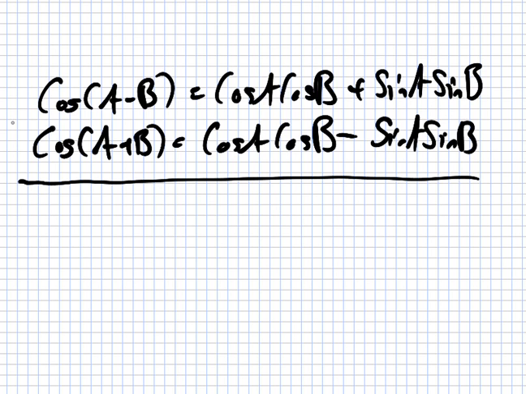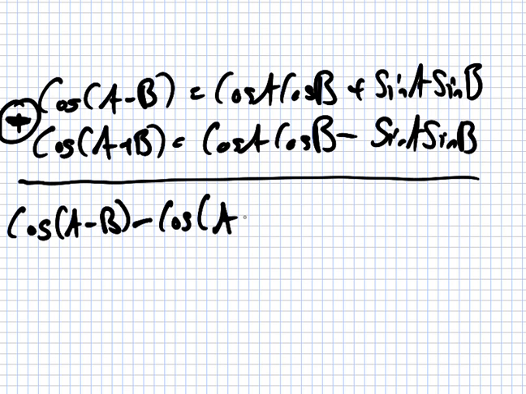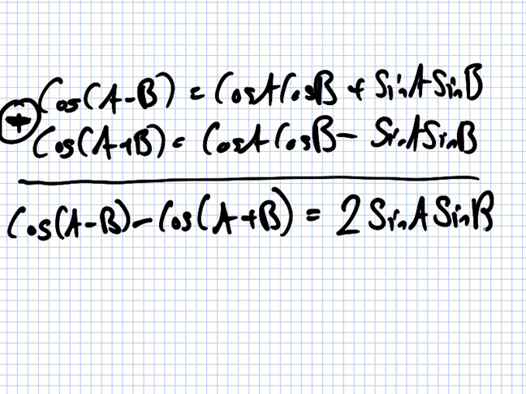If you add them together, you can make a new formula. Well, sorry, if you subtract them, cos(A-B) minus cos(A+B) equals 2 sin A sin B.